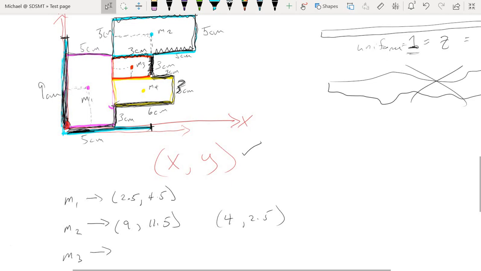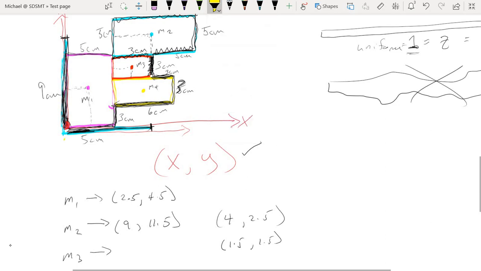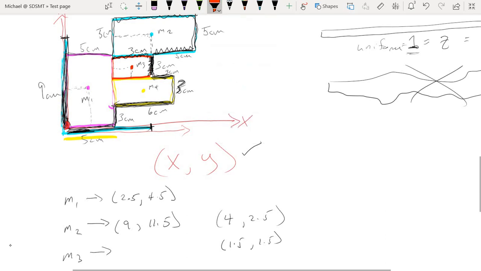But that means the center point would be at 1.5, 1.5 for mass 3, but then we have to add from the origin. Adding from the origin, we have to come out 5 centimeters. Sorry, that should be red. So we're doing mass 3.